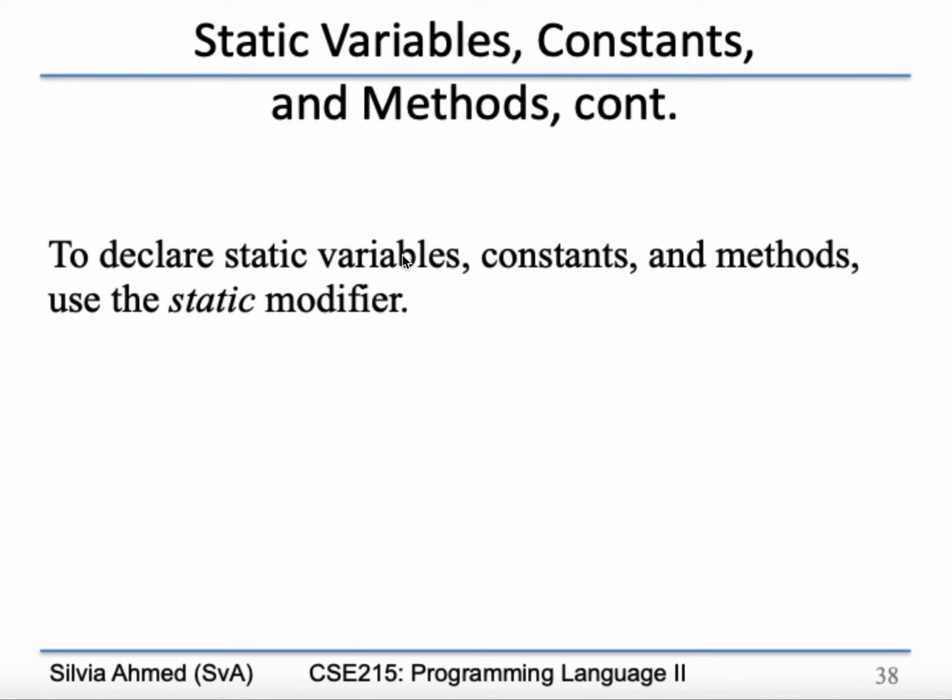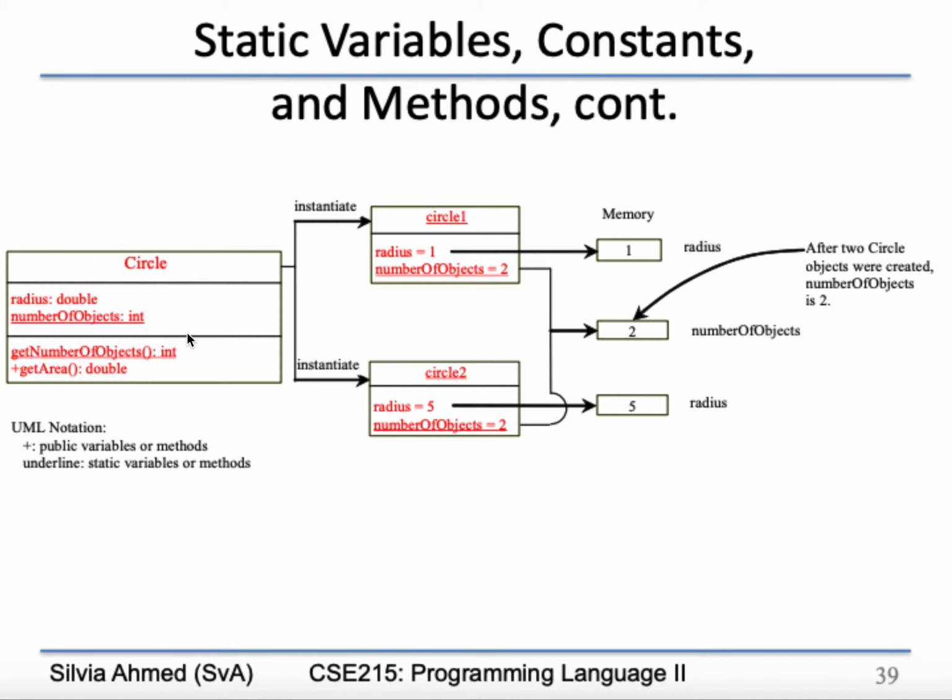To declare static variables, constants, or methods, we need to use the static modifier. For instance variables or instance methods, we don't need any specific keyword, but for static ones, we need to put the static keyword. So let's look at an example.